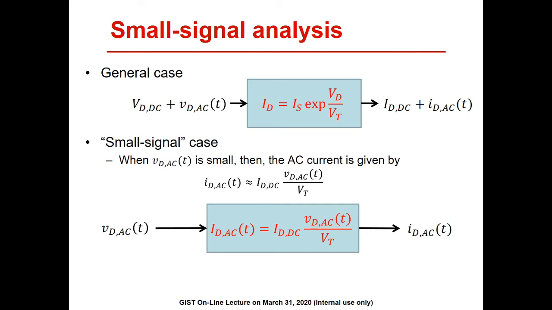Here we have a DC input voltage and a small AC input voltage. A linear relation is found between the AC input voltage and the AC output current. When the AC input is scaled, the AC output is also scaled with the same factor. We don't have to calculate it again.